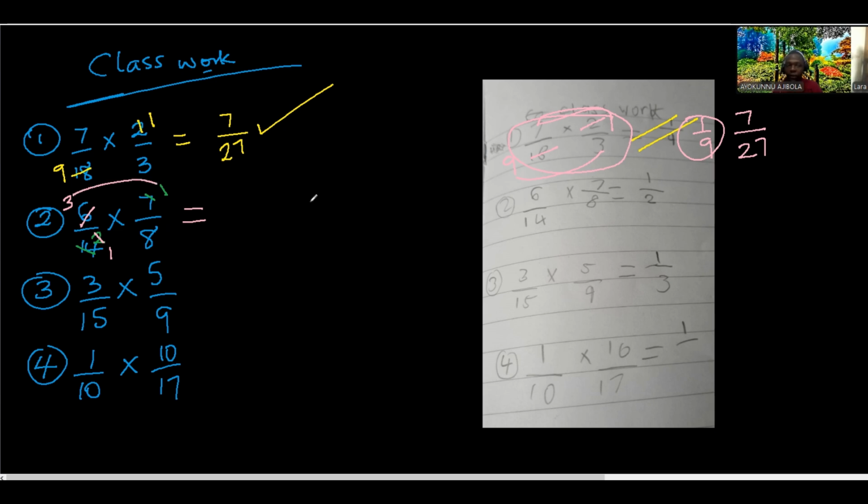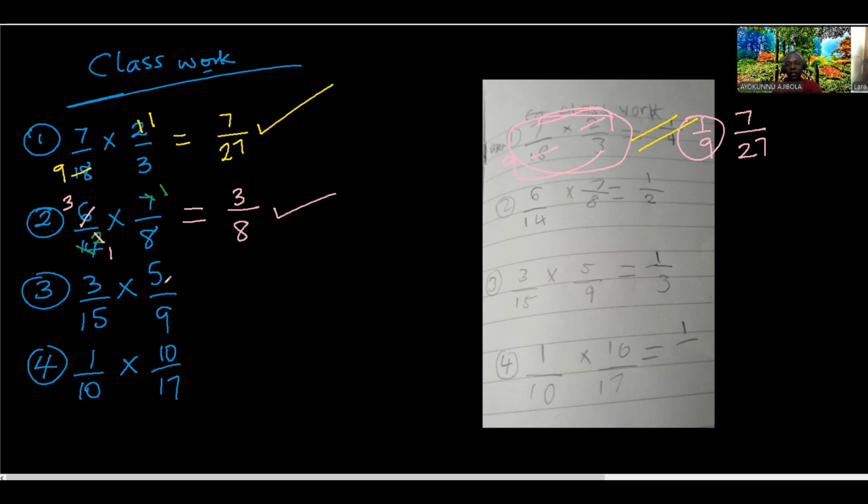What are the numbers? 3 and 1. And 3 times 1 give you what? 3. Then what numbers are at the bottom? 1 and 8. And 1 times 8 give you what? 8. So now you know what to do.